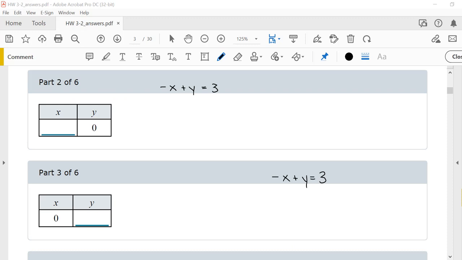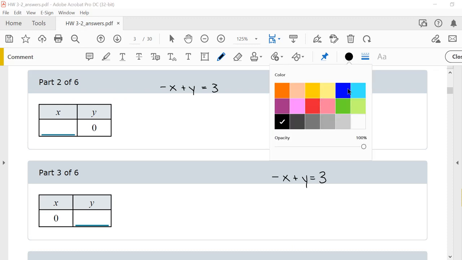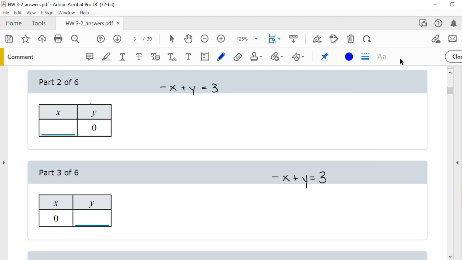Okay, now we have y is 0, and we need to go solve for x. So I'm going to plug 0 in for y, and I have negative x plus y, which is 0, equals 3. So negative x plus 0 is just negative x equals 3. Now I need to divide both sides by negative 1 to get x by itself.